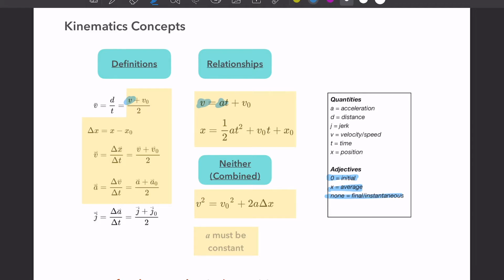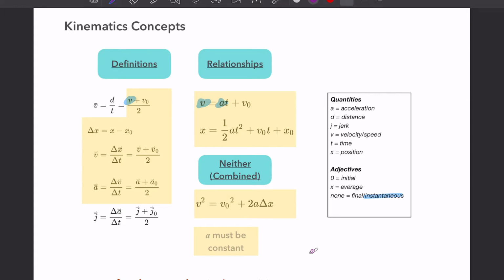We see the subscript here, v0, meaning initial speed or initial velocity. And that's the one that we see most oftentimes. But we also sometimes see the average sign over the top. And when there is none, that means we're referring to the instantaneous value, that value at any particular moment in time, say the initial conditions, or the final condition, or some condition in between.